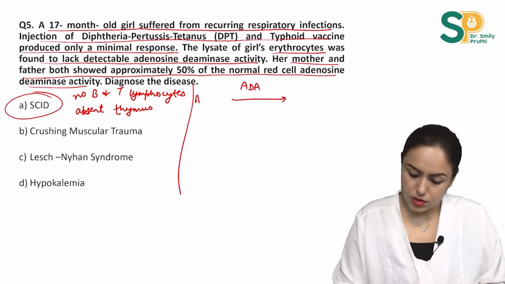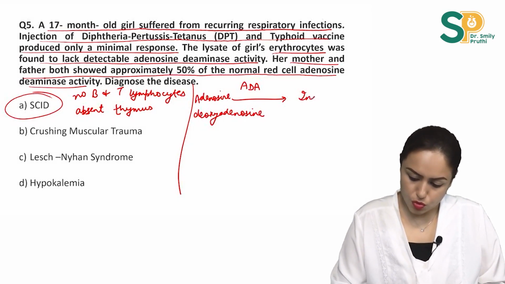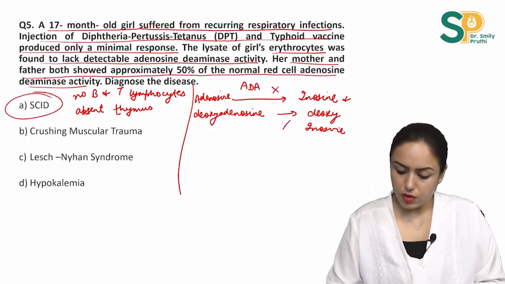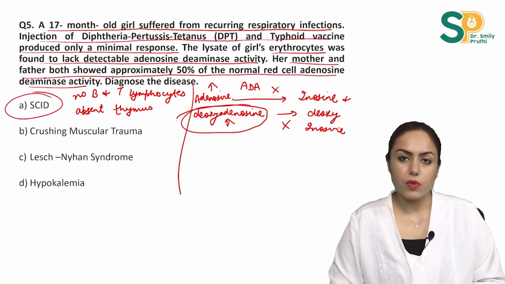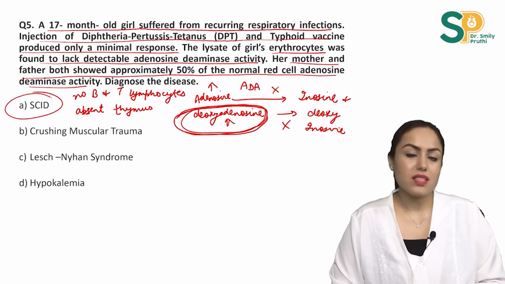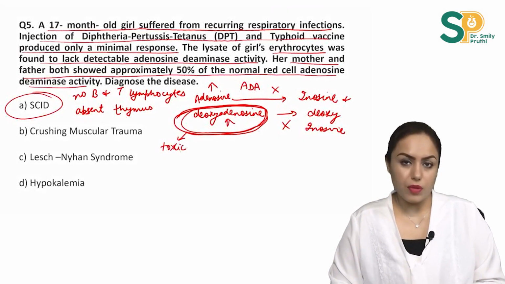That it converts adenosine or deoxyadenosine to inosine and deoxyinosine respectively, okay? Now, when this reaction will not occur, so there will be increase in adenosine and increase in deoxyadenosine, okay? This is most important, increased deoxyadenosine. This increased deoxyadenosine is toxic and it leads to cell damage.